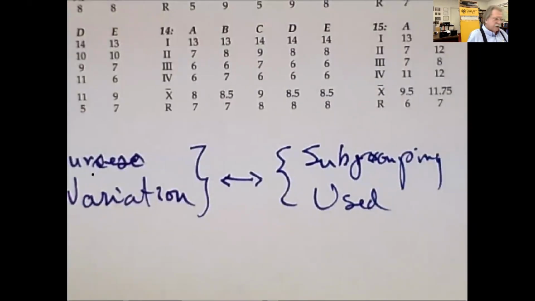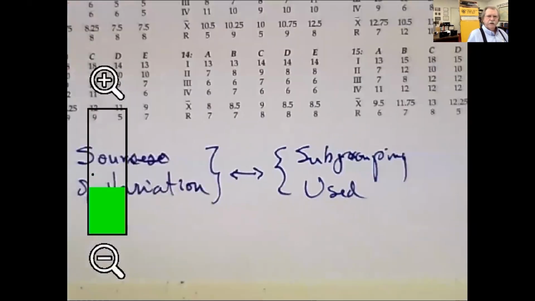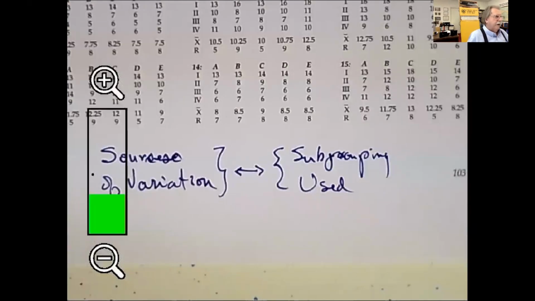Until you understand the relationship between the sources of variation and the subgrouping, you don't know what you're looking at.